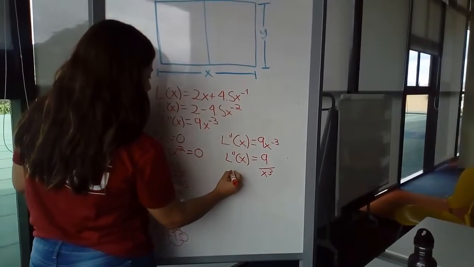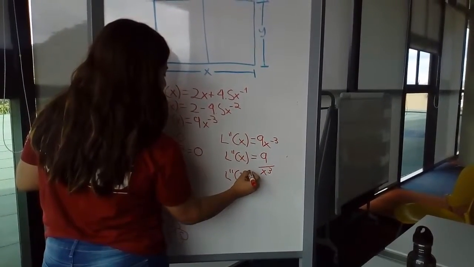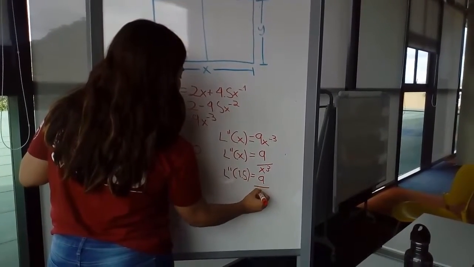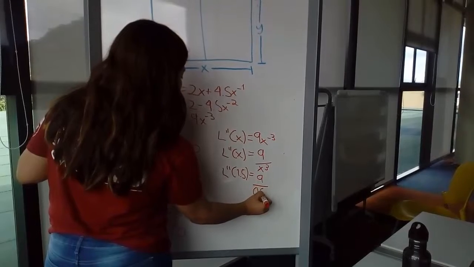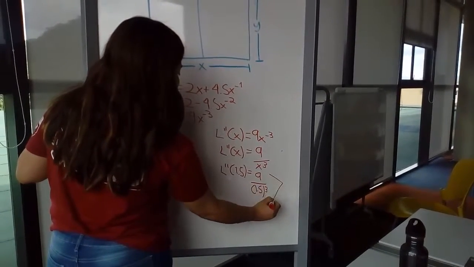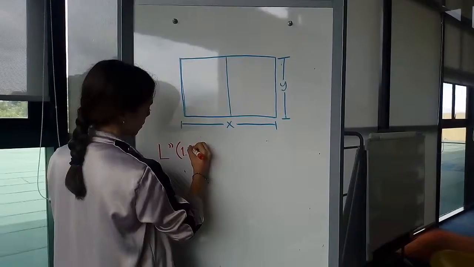Then we evaluate with x equal to 1.5, so we get that the second derivative of L at 1.5 is equal to 9 divided by 1.5 cubed. We already know that the result of this quantity is positive.